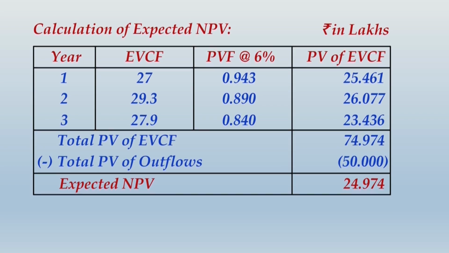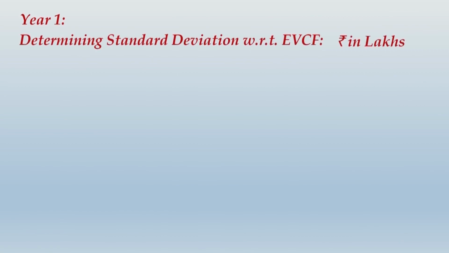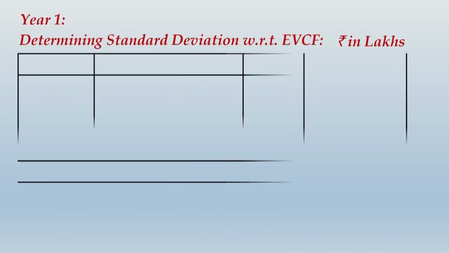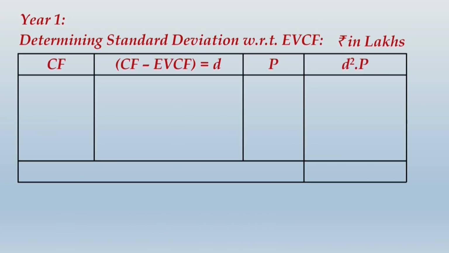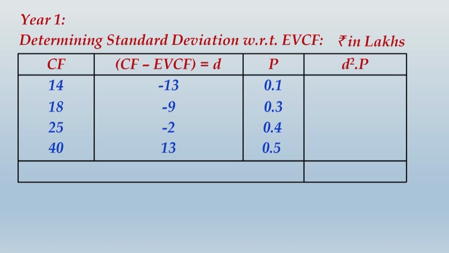Alright friends, once you have computed the expected NPV, let us move ahead and start computing the standard deviation with respect to EVCF for each of the 3 years. Again, it will be cash flows, then cash flows minus EVCF for computing deviations. Then you have the respective probabilities, and once you plot these probabilities, take the deviation squared value, that is D square.